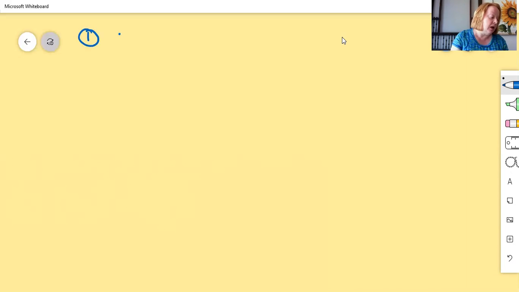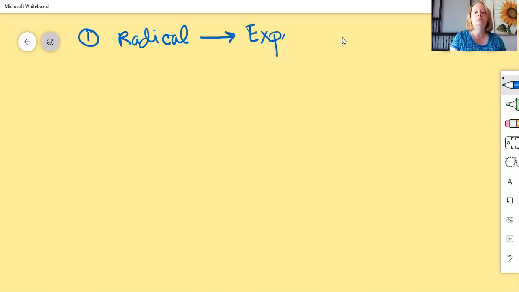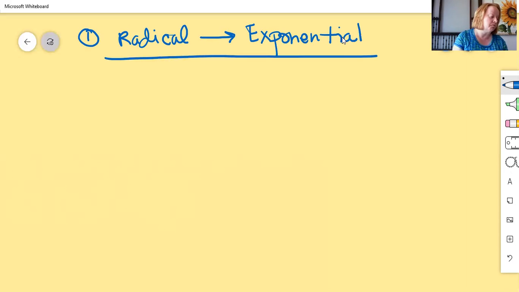We're going to go now from radical form to exponential form. So that's our next section. Radical form to exponential form.